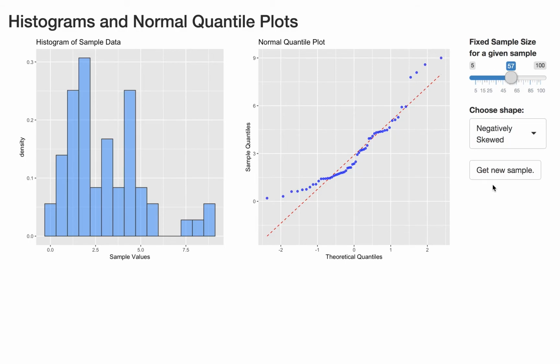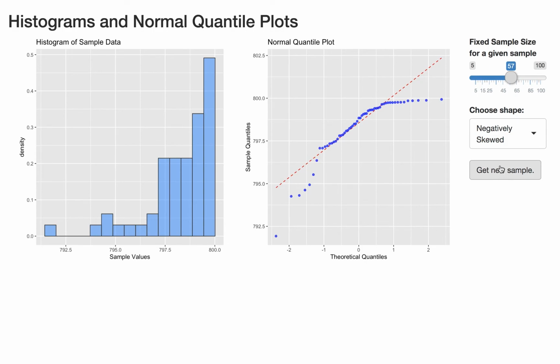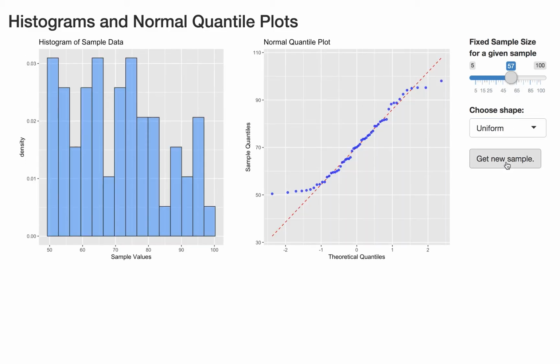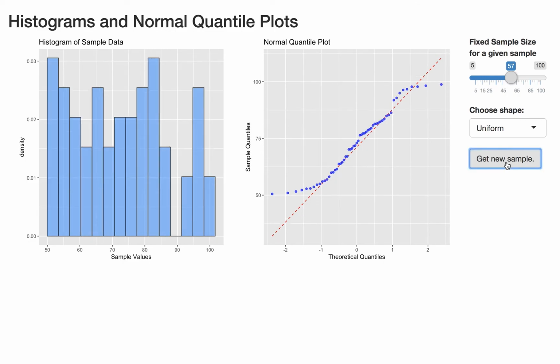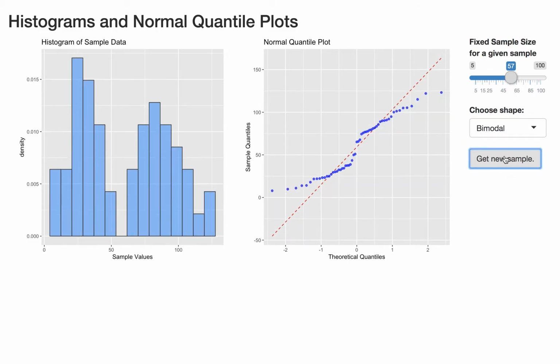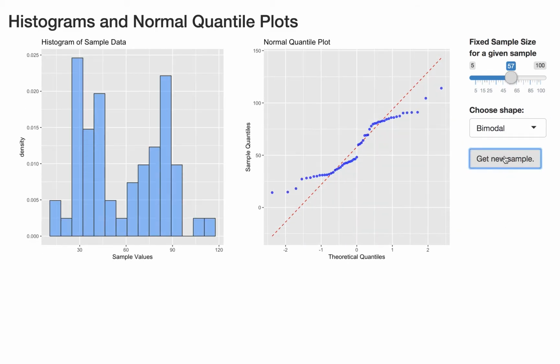If you switch to left skewed data, it looks the other way. The bend is now more of coming up to the top of a hill, kind of like this. Uniform and bimodal data can look very strange. They're sort of S-shaped curves in your normal quantile plots. If you see any of those types of patterns, you may be violating that normal residual requirement.